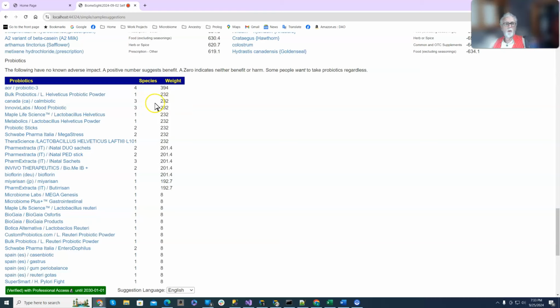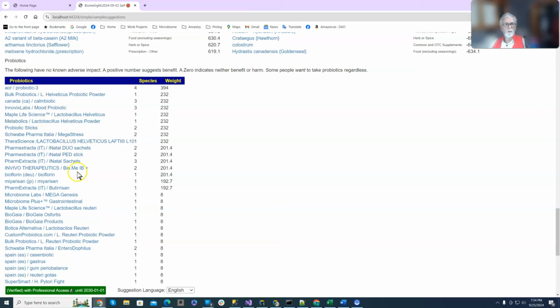When we have 3 there, it means that the key probiotic, which is probably Lactobacillus helveticus in this case, is mixed with 2 other things which have no impact. So you might just get the straight form over there, and if you click here you will get information on where to get it. So AR probiotic 3 is the top one, probably having a good mixture of things, and then we go down here and we see different ones.